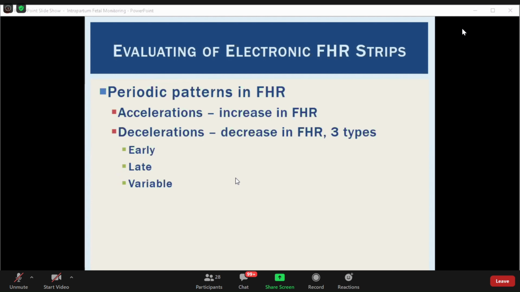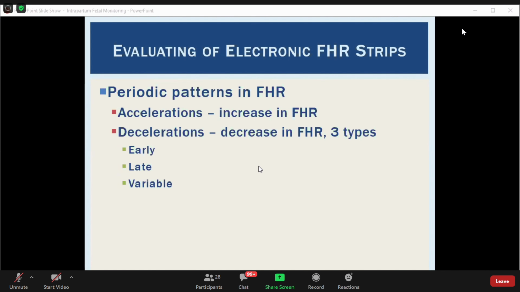We might see them due to a contraction. You might see them due to a vaginal exam. Let's say the provider goes in and is checking for dilation and effacement. So accelerations, the fetal heart rate increases. That is to be expected.